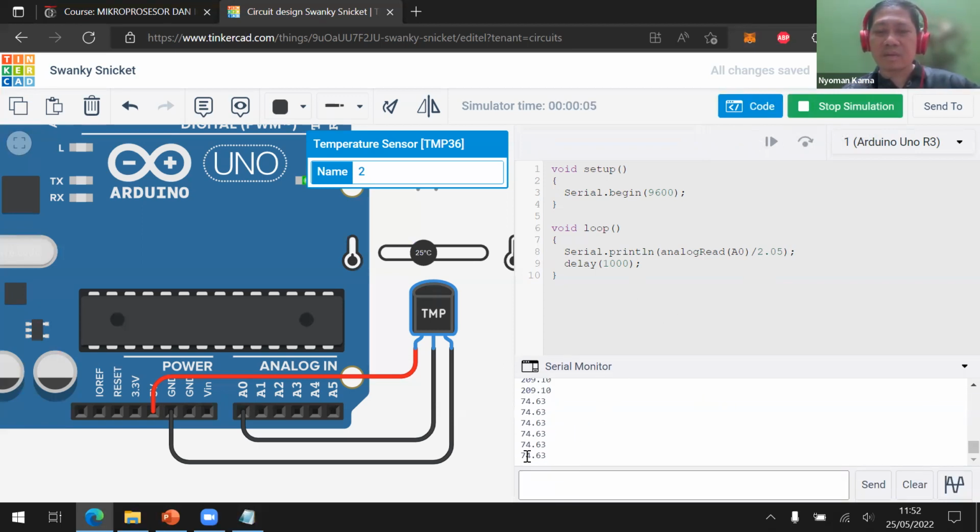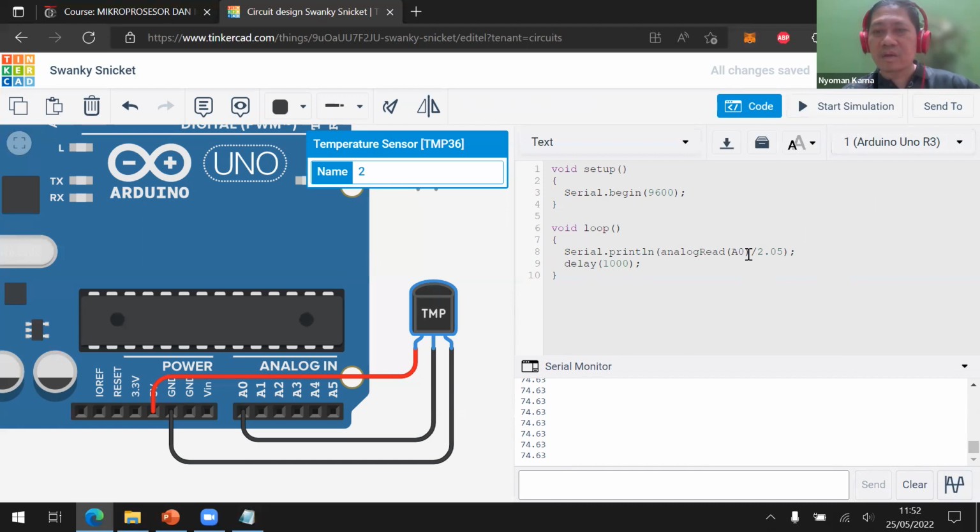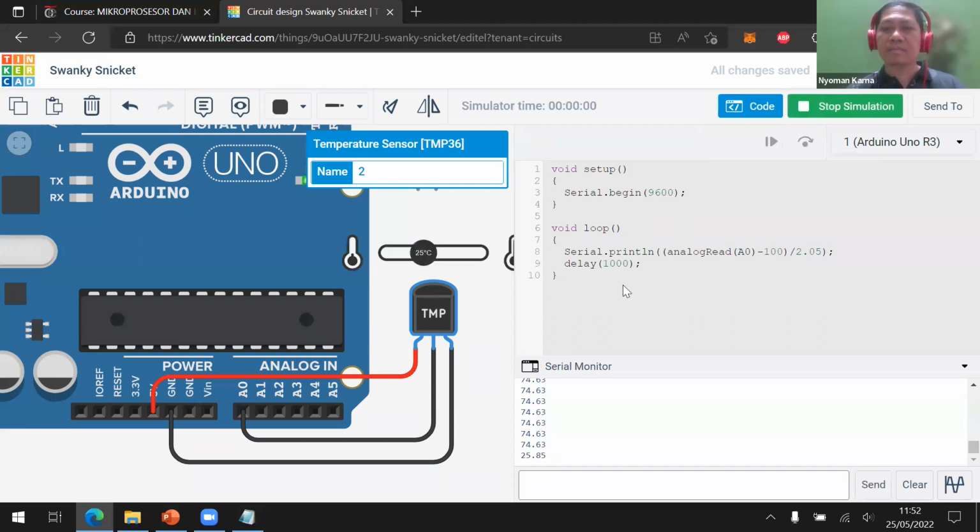Okay, almost. It's 74 now. So I forgot, I need to subtract this one with 100. So it will give 25.85, almost the same as this.